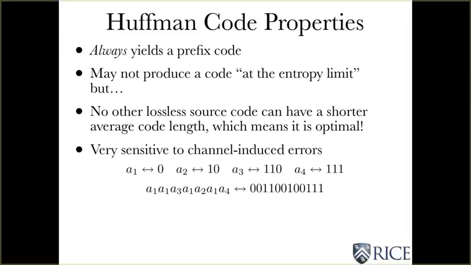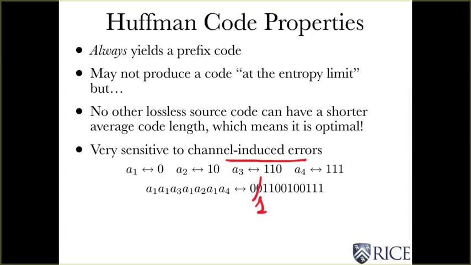So there's a little problem. The Huffman code is great, but there's a little problem with errors that the channel might introduce. Here's the same example I gave before, and here's our sequence of letters. Suppose that 0 comes out a 1. So PE is not 0, so suppose it changes that 1 bit to a 1. Well, now where are the boundaries?